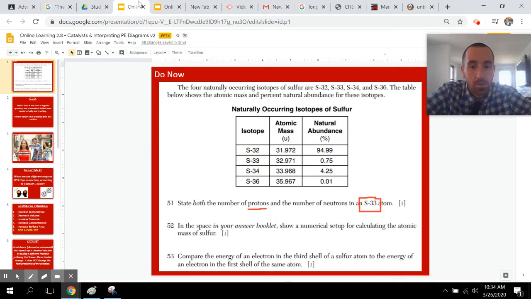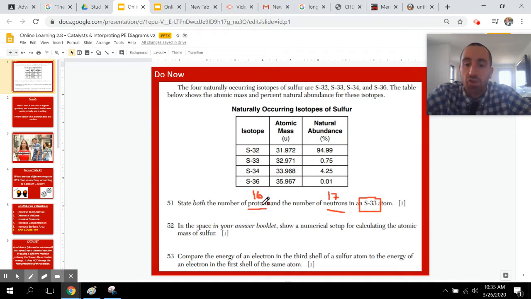So write it down, 16 protons. Now, how do you figure out the number of neutrons? How many neutrons does this have? Well, it's the mass minus the number of protons, and in this case, that should be 17. So you should have 16 protons and 17 neutrons. There would be a space provided in your answer booklet for you to write that, but if you get the answer, you're good.